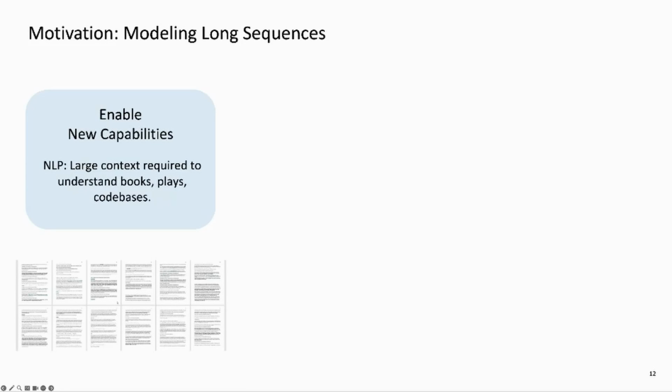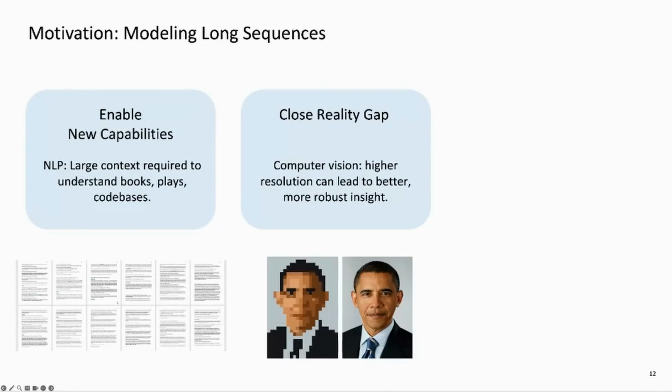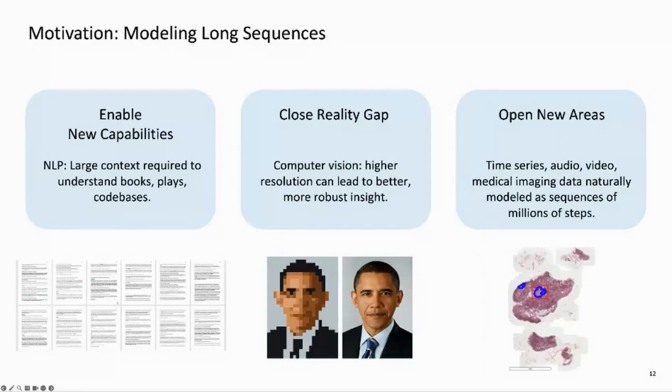In NLP, we need large context to understand books, plays, and code bases. In computer vision, we want to close the reality gap. We want to model images of higher resolution, which usually gives us more robust insight, and higher resolution usually translates to long sequences if you use things like vision transformers. And it could open new areas.